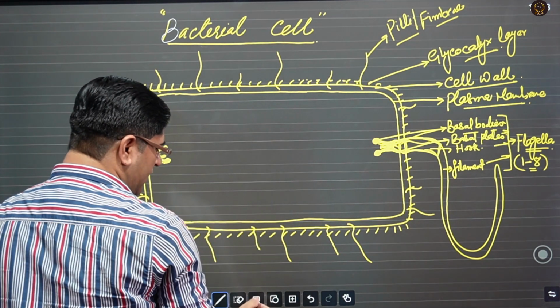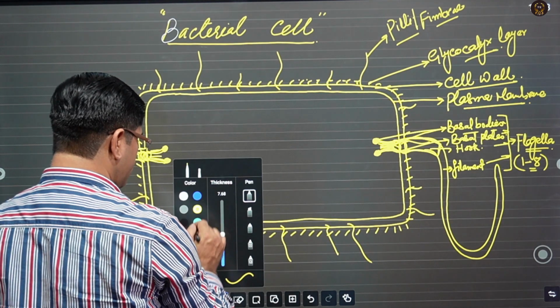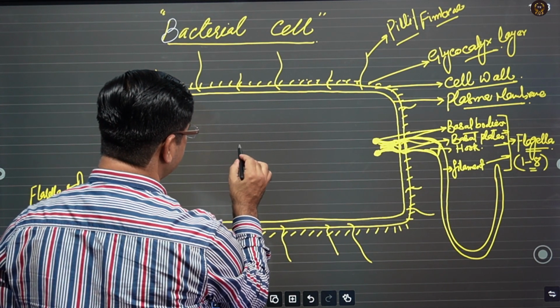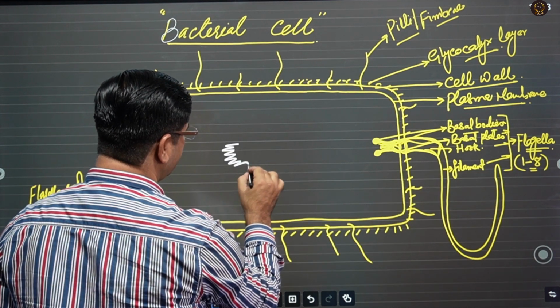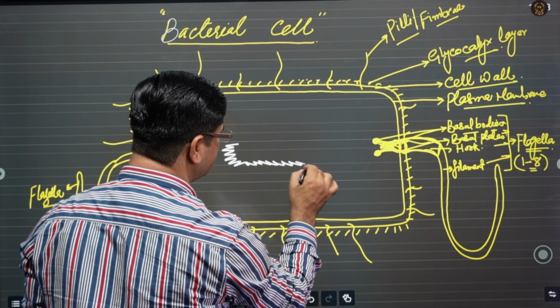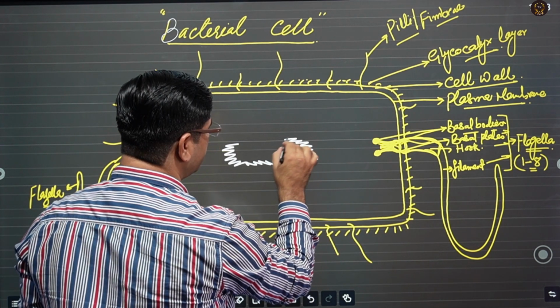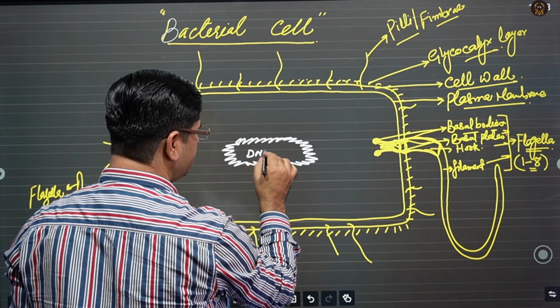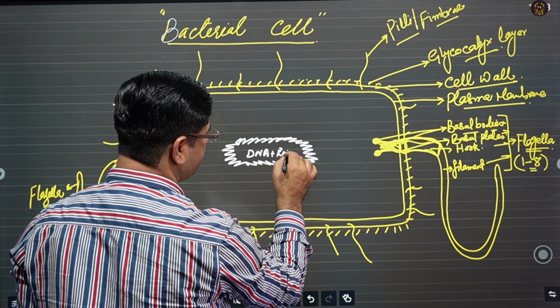In this cytoplasmic region, bacteria have the presence of genetic material which contains the DNA and RNA.